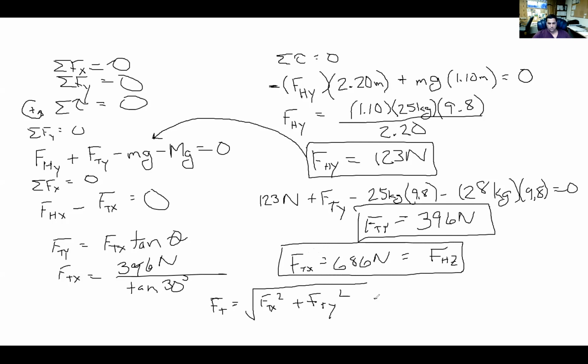So 686 squared plus 396 squared. So Ft, just a little less than 800 newtons, 792 newtons.